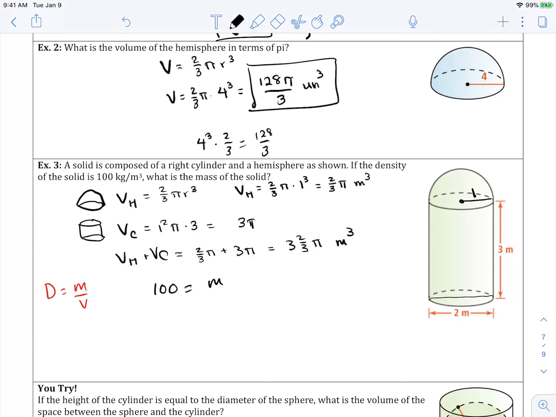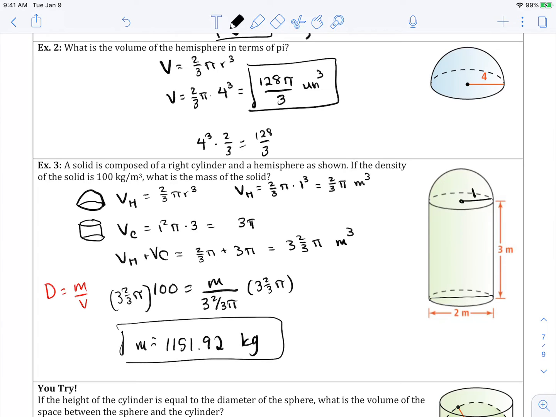We don't know mass, and we know that the volume is 3 2/3 pi. Okay, well, to solve this, I'm going to want to multiply both sides by 3 2/3 pi. I get 1,151.92 kilograms as our mass.